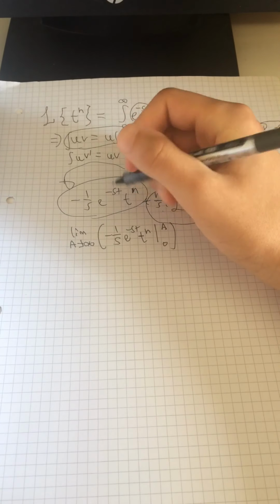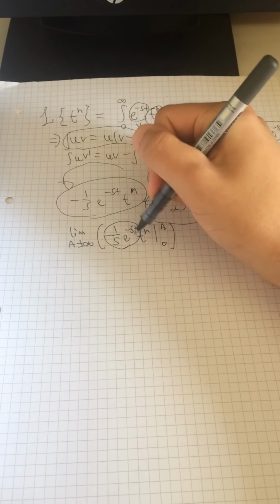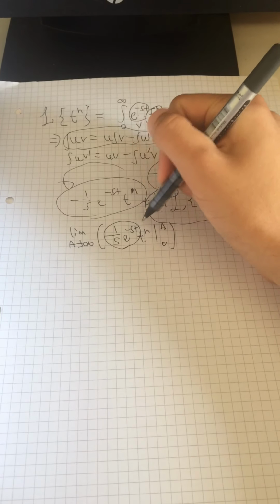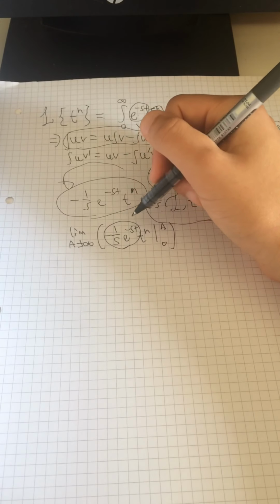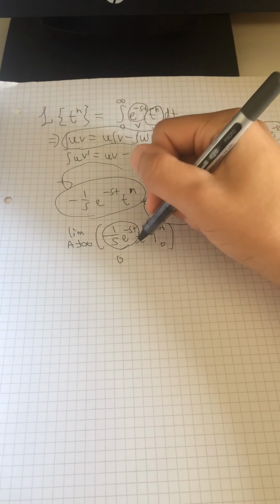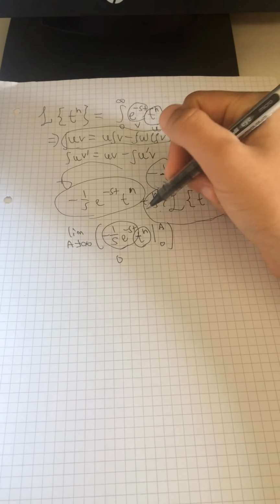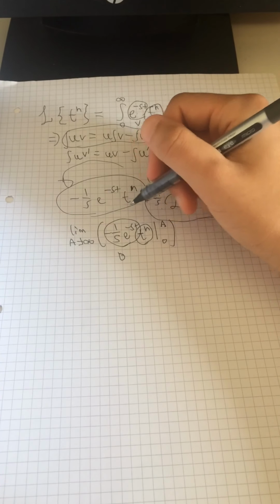And what we have here, we already know, but we don't need to discuss it again, is going to be 0, because as t approaches infinity, the result of this gets infinitesimally small. So that's going to be 0 times this, which diverges less quickly, because it's not a function of e.